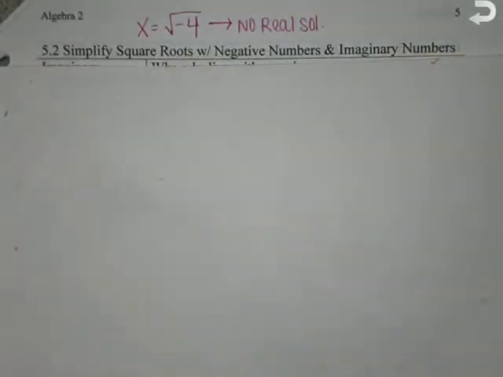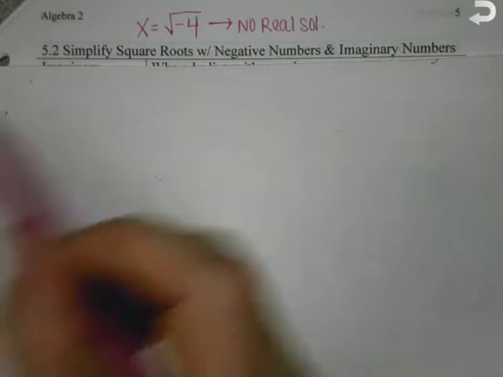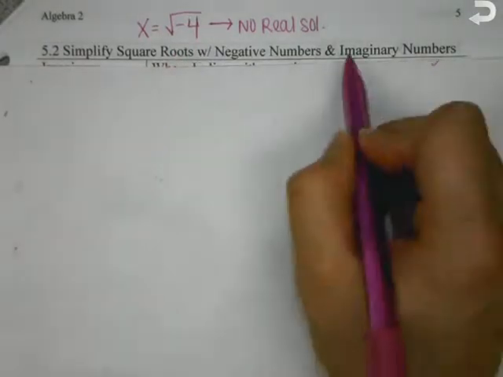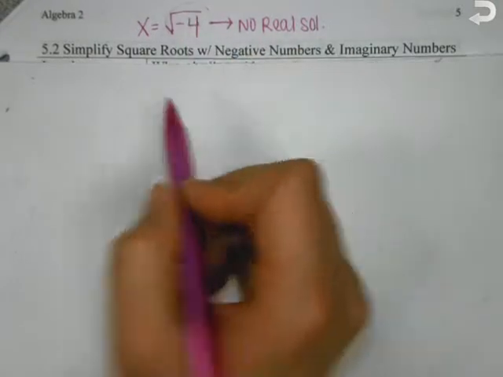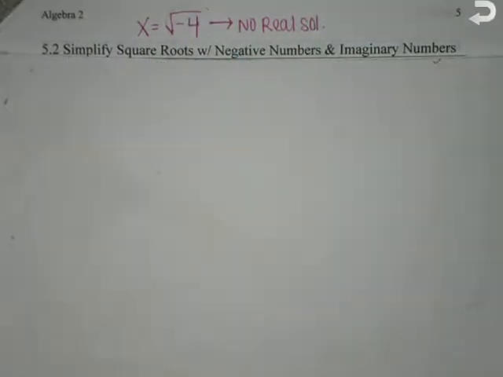So today we're going to be working with something called imaginary numbers that helps us get answers for when we have the square root of a negative. So now the square root of a negative is something we actually can do, but because that's not considered a real number, we call it an imaginary number. Okay?